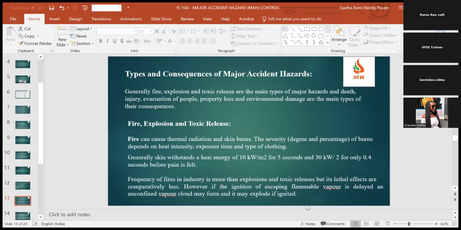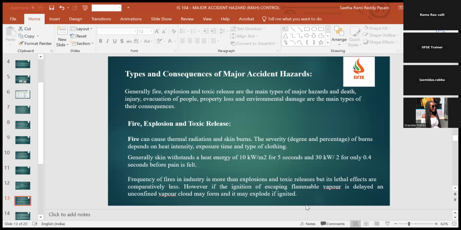So a fire can cause thermal radiation and skin burns, and the severity may be a degree and percentage. When we say burns, we have first degree burns, second degree burns, and third degree burns. When we say first degree burns, that is minor, you will have just a reddishness of your skin.